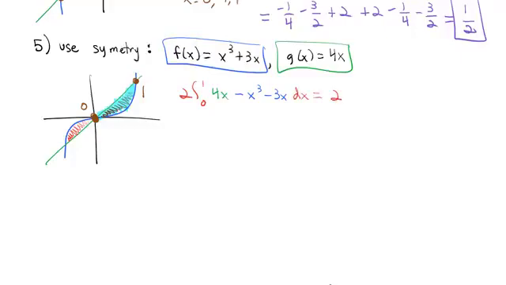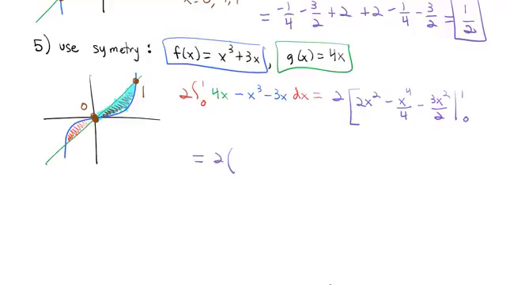That becomes 2, let's do this in purple, times 2x squared minus x to the 4th divided by 4 minus 3x squared divided by 2 integrated from 0 to 1.